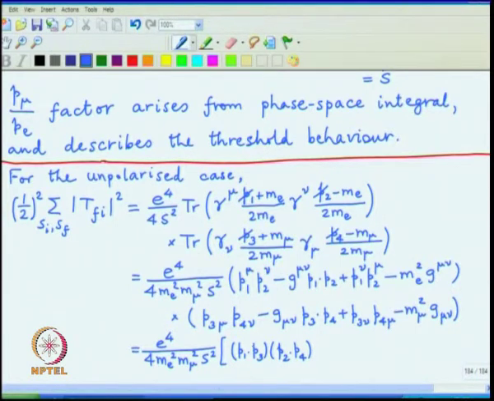So, this term gets an overall factor of 2. There is a similar term which comes from the other cross part, which gives 2 times p1 dot p4 and p2 dot p3.